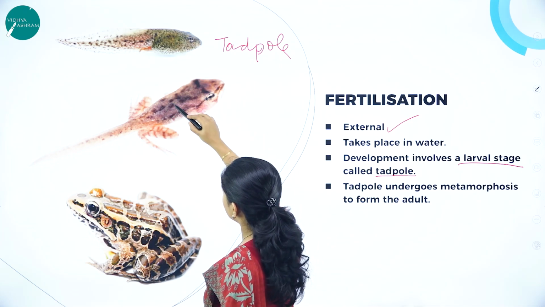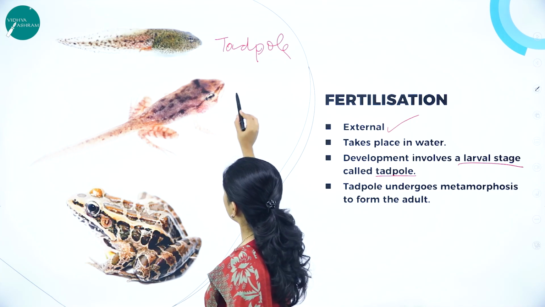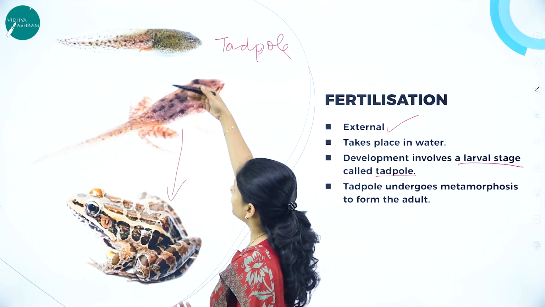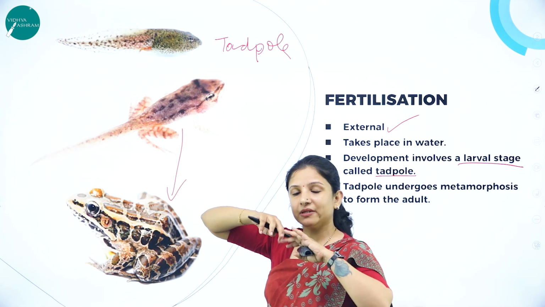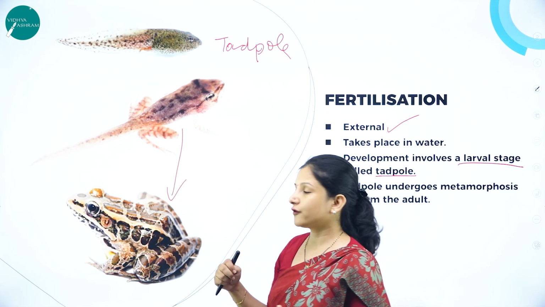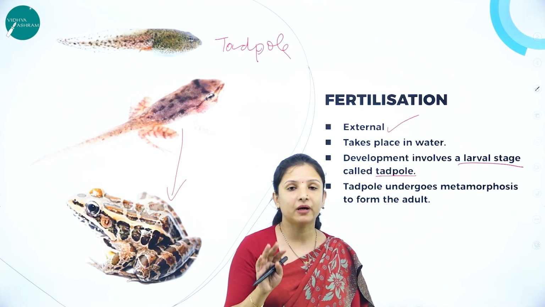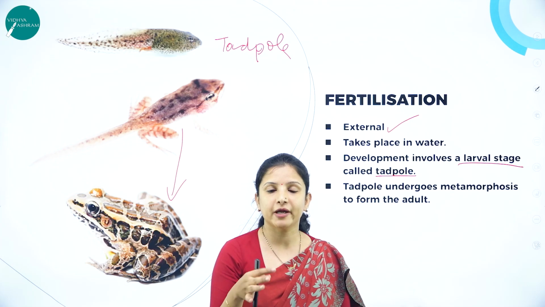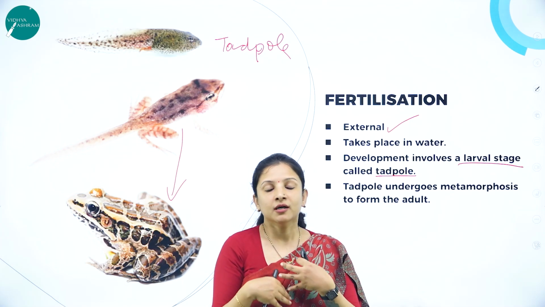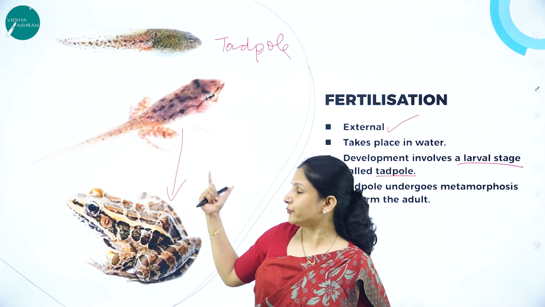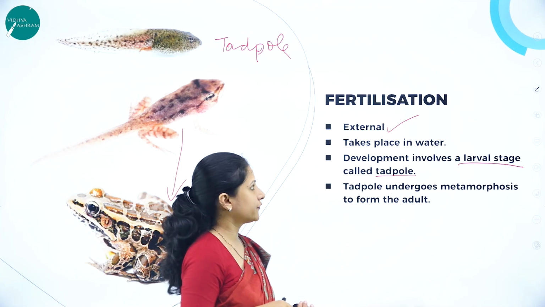So it develops into a tadpole which has a tail. Then this develops into the adult frog, completely changing into an adult frog. That process is called metamorphosis. Like how butterflies go from larvae, pupae and all that, and metamorphose into a completely different organism, a butterfly. Same way here also, the tadpole metamorphoses into a frog.